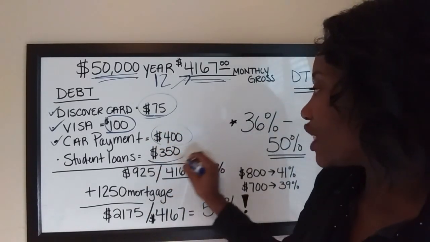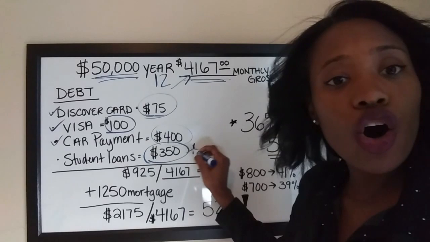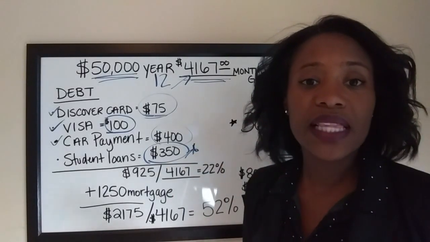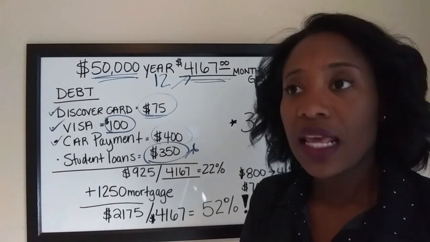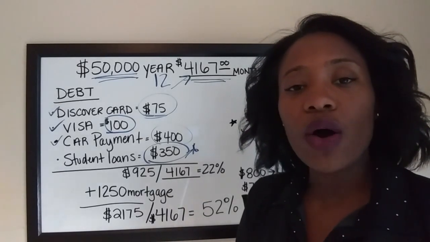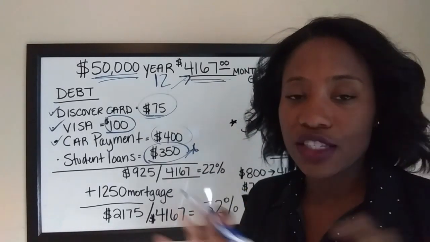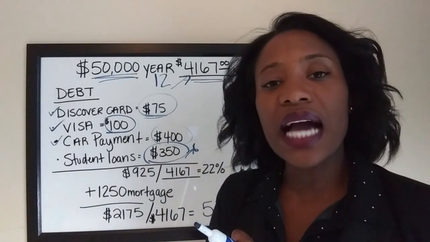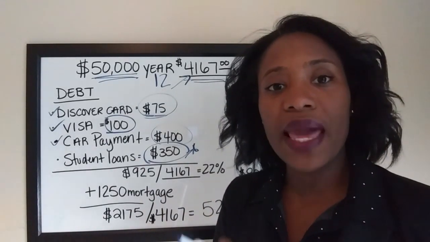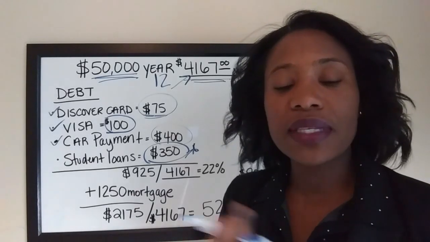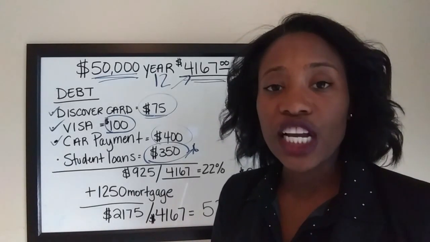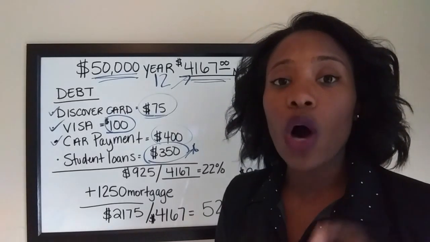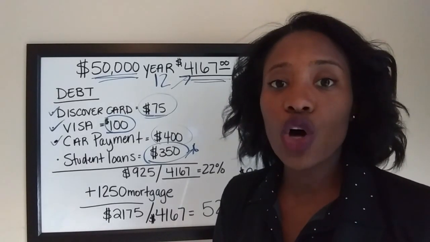And then lastly is student loans. Now I'm going to do a whole new video on student loans, but this is assuming that you have a $350 student loan payment. Now, if you're on any kind of income-based plan, you're not paying your full amount, then some lenders, particularly for FHA loans, will take 1% of your loan balance.